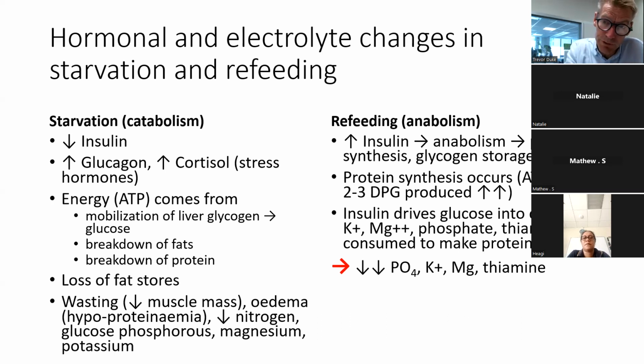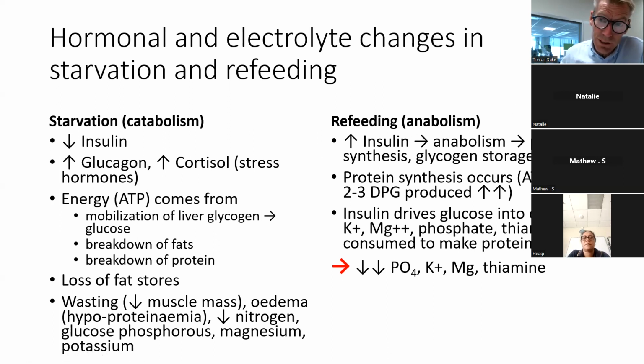Now, that's what happens in starvation. When a child's refed, if they're given a lot of carbohydrates to begin with, then they'll have a burst of insulin. And that will lead to going from catabolism, that is the breakdown of the body's stores of protein, lipid, and carbohydrates, to anabolism, which is a building up of those protein stores.